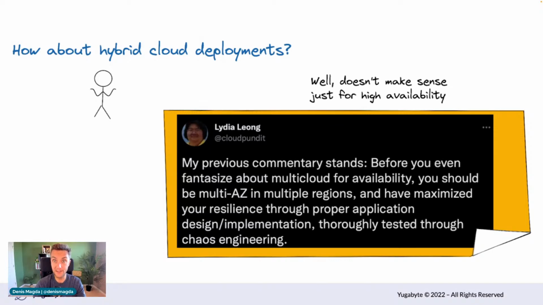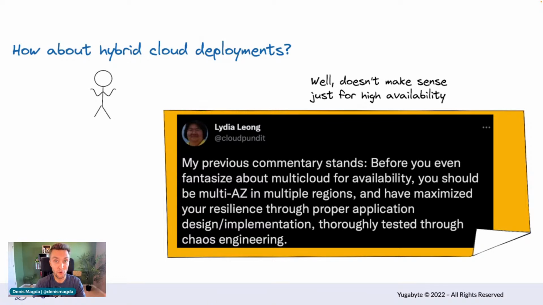So the point is that for high availability, in my opinion, it doesn't make sense just to deploy across multiple cloud providers. There are different reasons when you would go multi-cloud, but probably high availability is not the right choice. Because take this example.